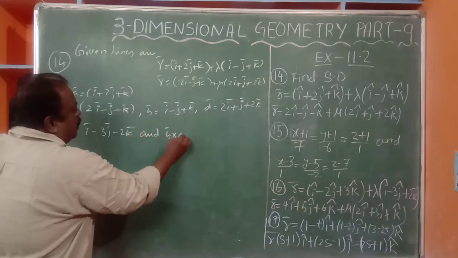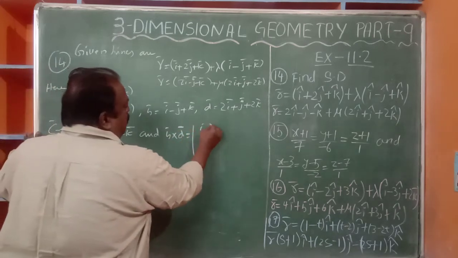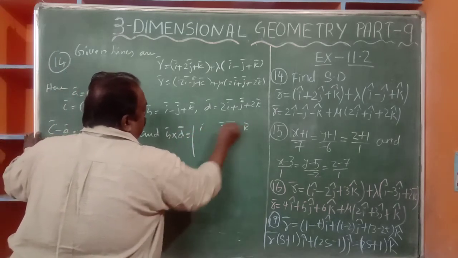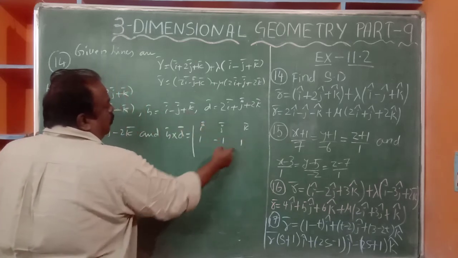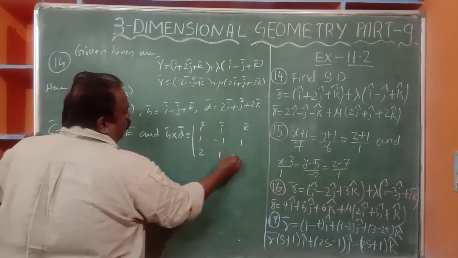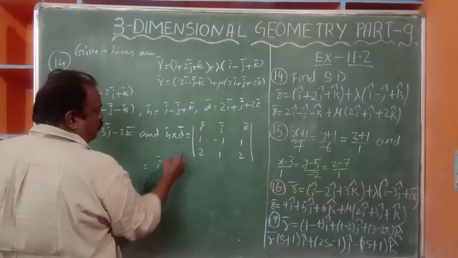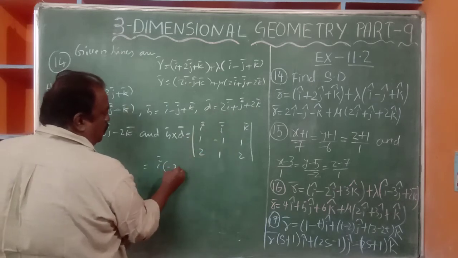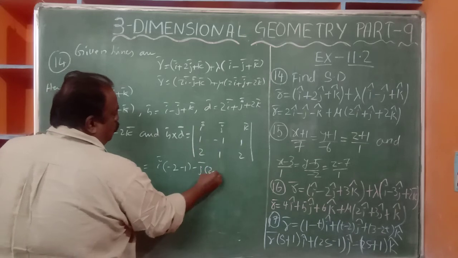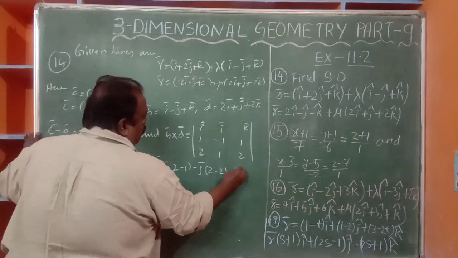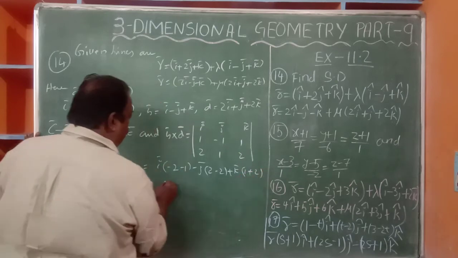Again, B bar cross D bar is the determinant of i, j, k; the coefficients are 1, minus 1, 1; here it is 2, 1, 2. So it is i of (minus 2 minus 1) minus j of (2 minus 2) plus k of (1 plus 2).